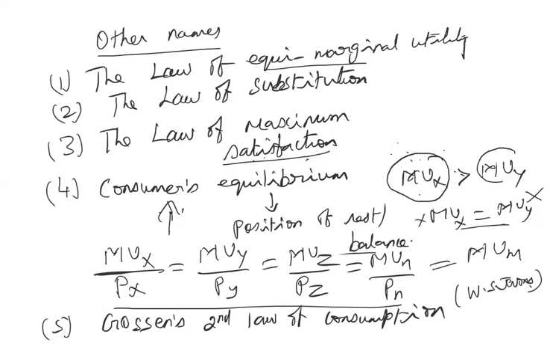Now let me explain with a proper table how we arrive at the equi-marginal utility situation. Let us take a hypothetical example as usual. The consumer has a money income of, let us assume, rupees 20.